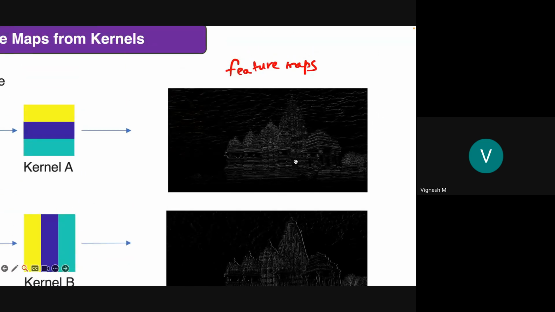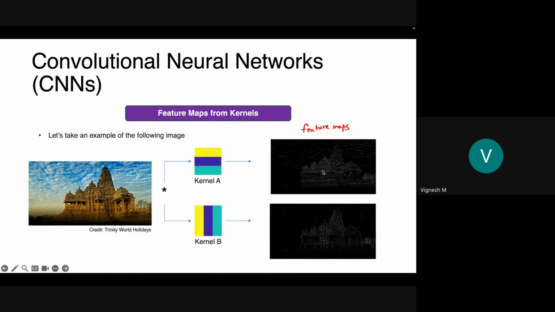In fact, these are pretty low-level features. This can be passed through several more convolution layers to give you much more complicated features of the image. This is just an example to illustrate the point. Sir, just like we have horizontal and vertical, can there be a kernel which gives the inclined features? Yes, of course, all that can be done.